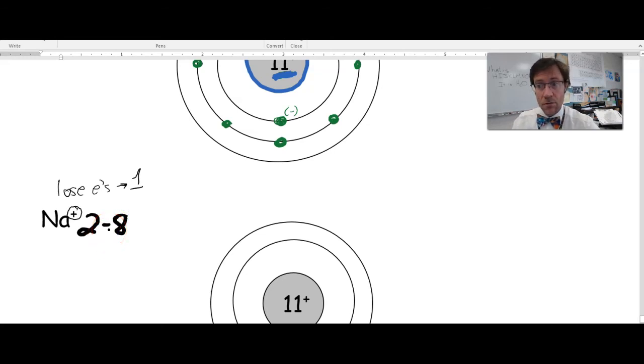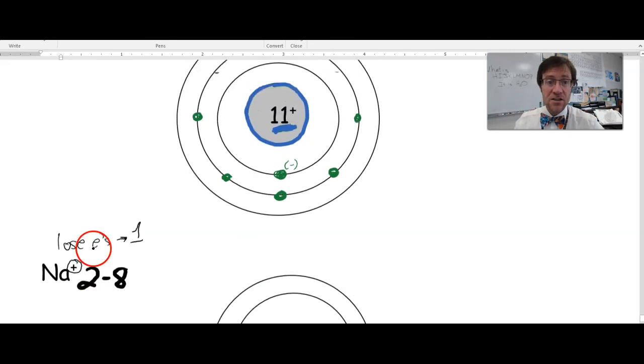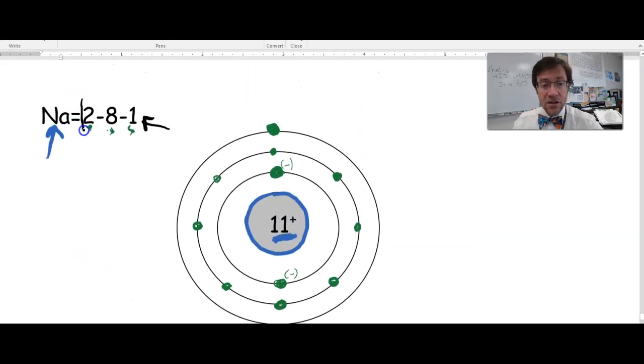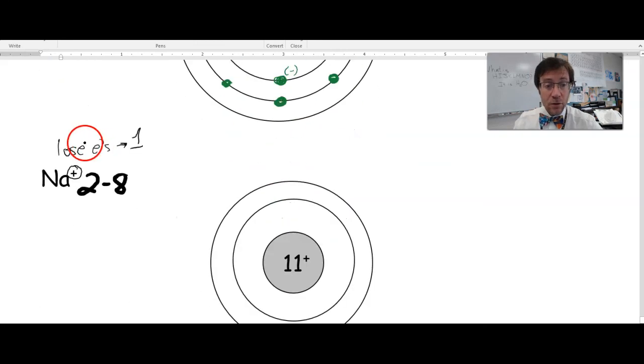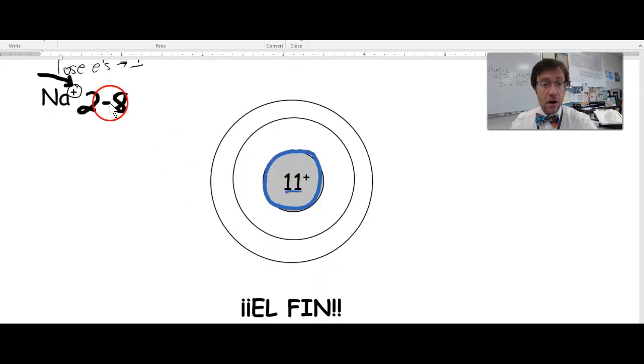Does that make sense? We're not given the electron configuration of ions. We have to look at the electron configuration in the ground state from the periodic table, and then we have to look at the charge of the ion to determine what's up. And so just like before, it's sodium. It's got a +11 in our nucleus, right? And then our first shell has 2.